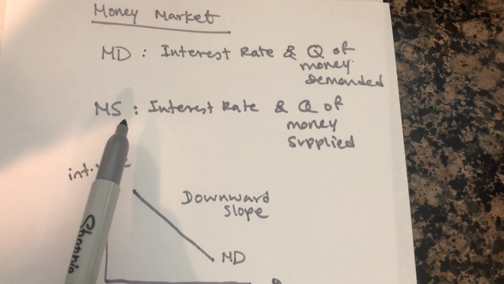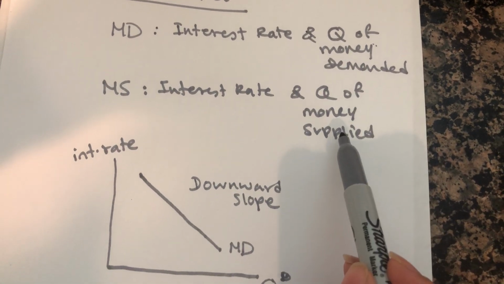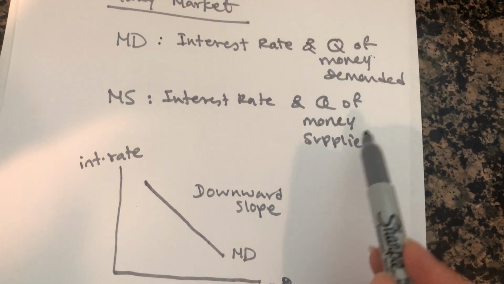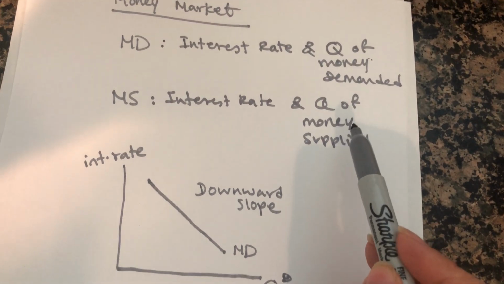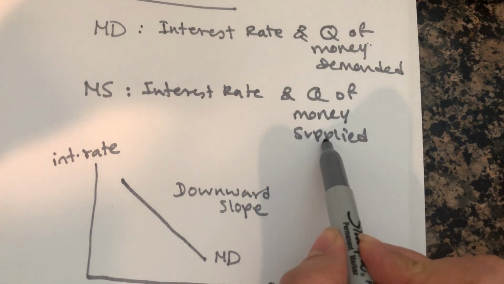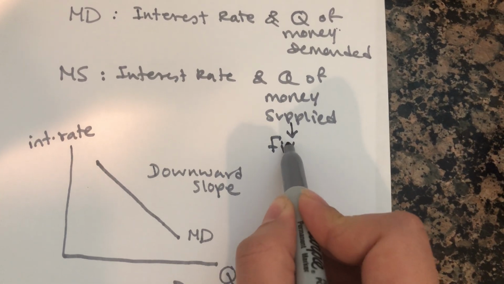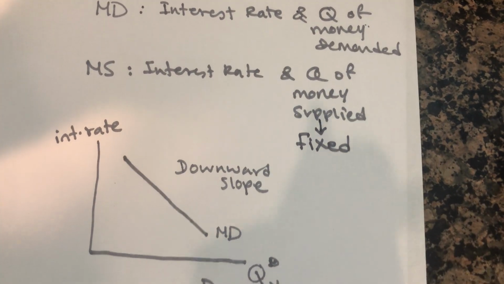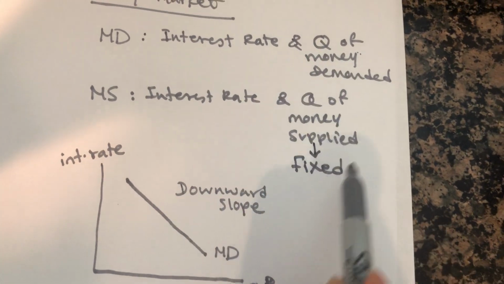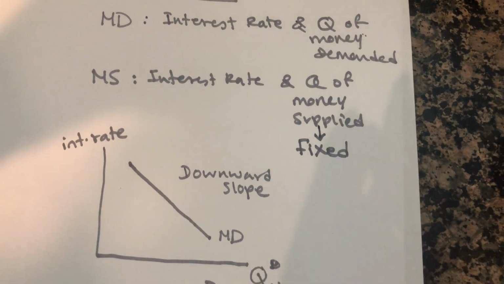The Federal Reserve, as a central bank, is in charge of controlling the quantity of money supplied in the market. So this quantity of money supplied at a given time is fixed. And the only authority that can change it is the Federal Reserve.